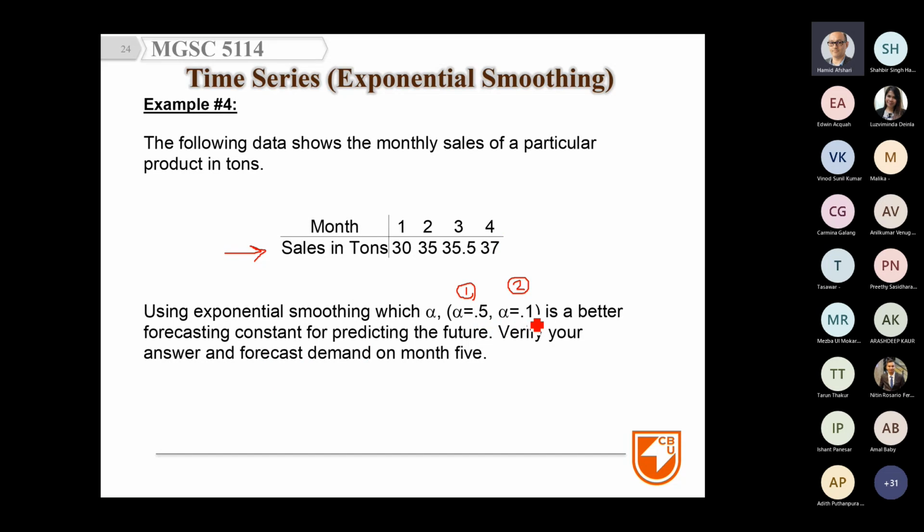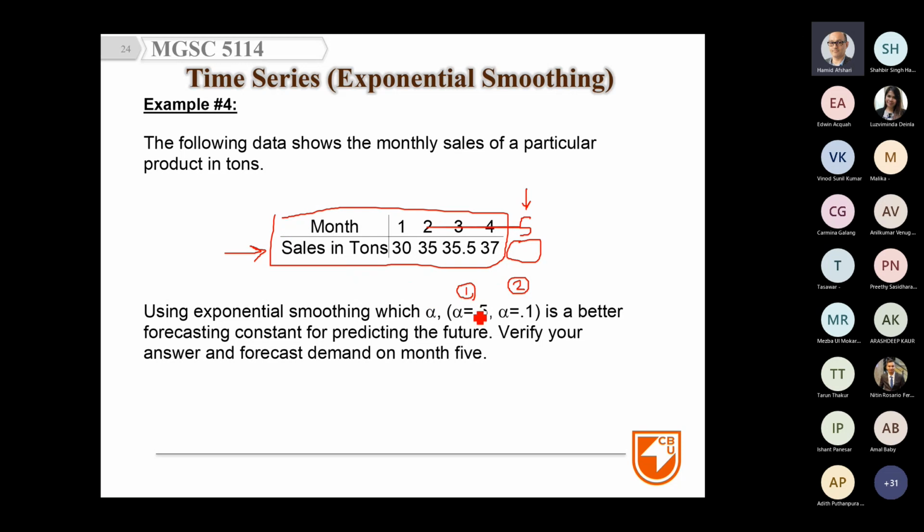And it is asking you, I really don't care which one you use. What I really care is that I need to forecast the demand for the 5th period, and I want it to be the most accurate one. So what do you suggest in this case? What should I do? So I'm going to repeat again. I have the actual data for 4 periods.